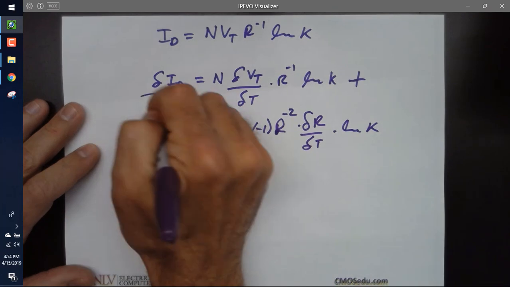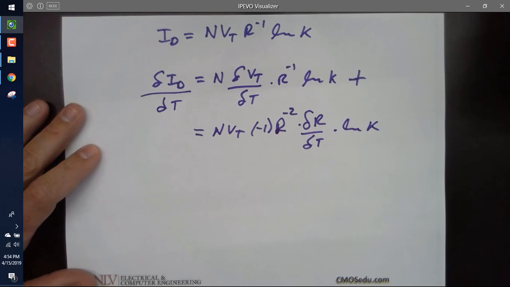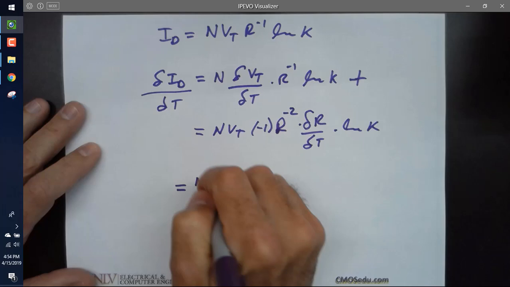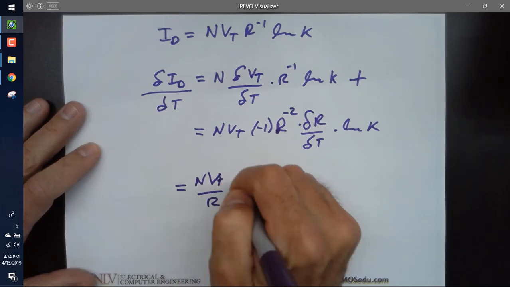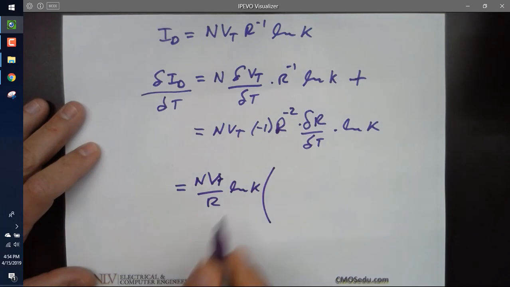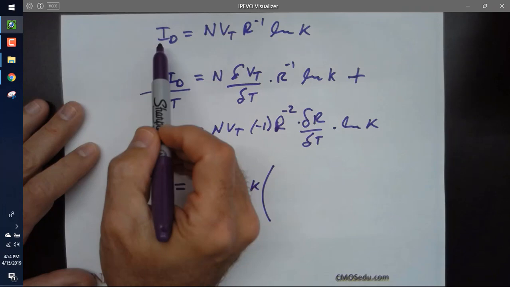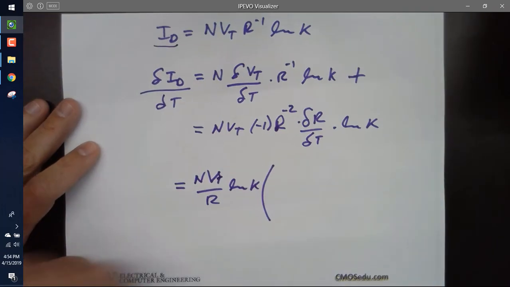So whoops, is anybody getting nervous because I didn't do that? Would everybody be okay if I wrote this as NVT over R natural log of K times, why did I do that? To get back to ID, so when I do the temp co, divide by ID, it cancels out.